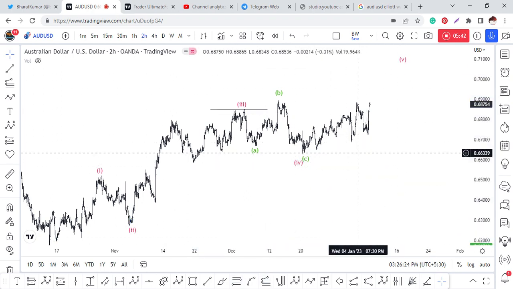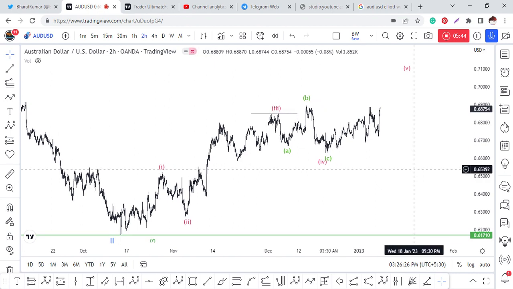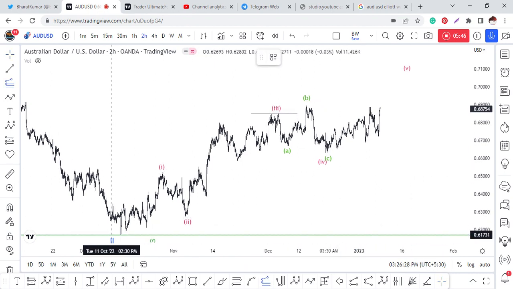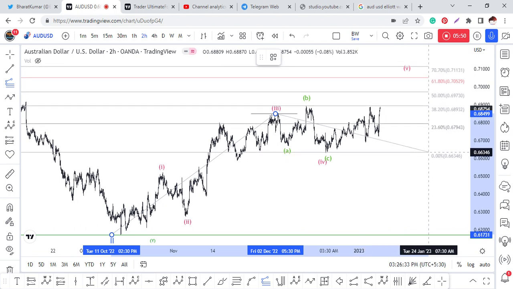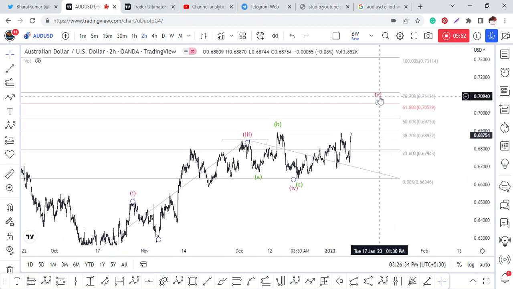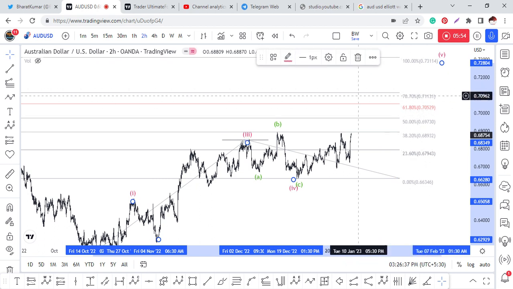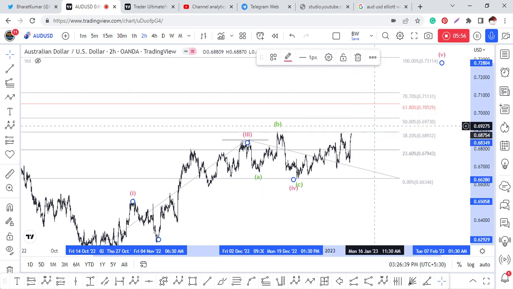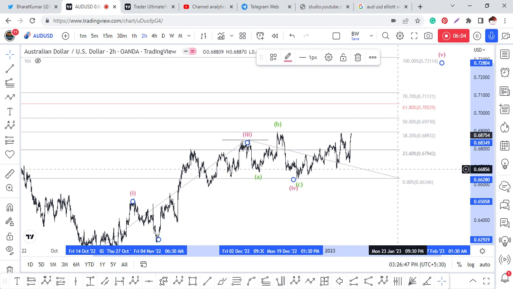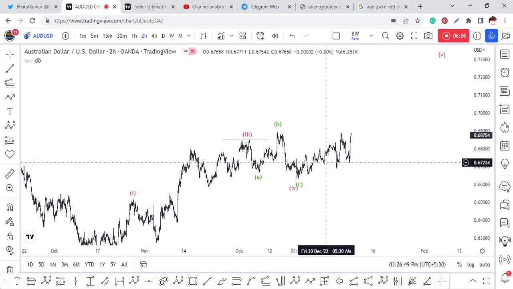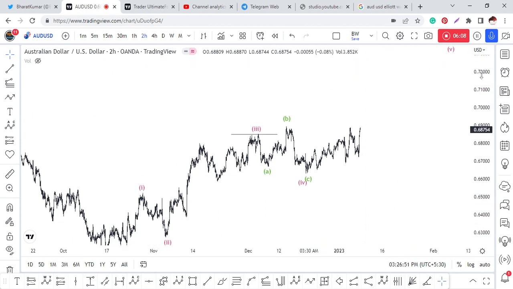If this is extended, then our target must be greater than 61.8, so points above 0.70529. So this is a good rally if it happens.